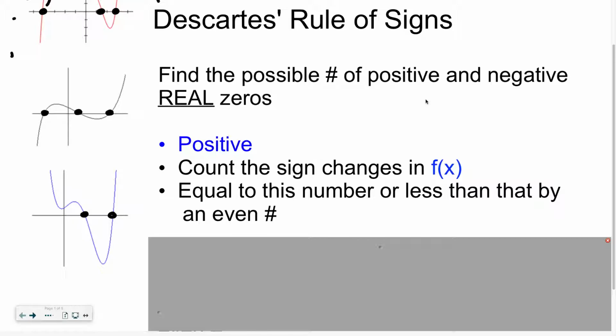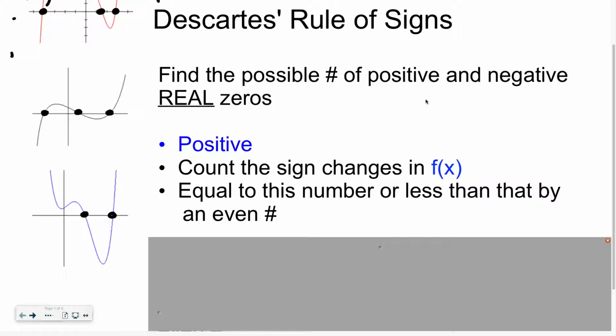Positive. So when the next term is negative x cubed, that counts as one sign change. So there's one, and then to 2x it stays the same, positive, positive. So we would say for positive real zeros, in this case, 2 or 0.